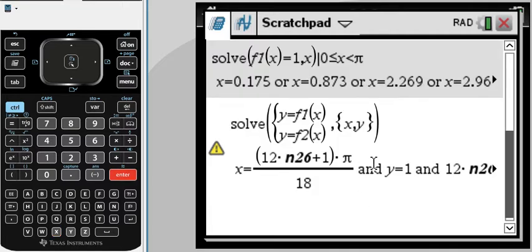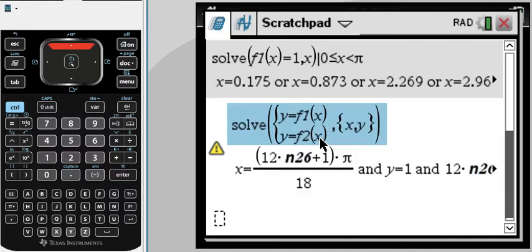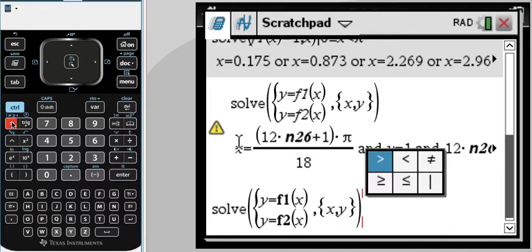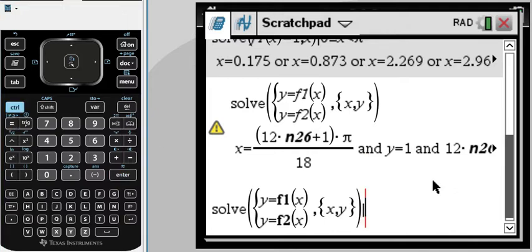And you see that I get a similar thing. It goes off the screen. I could scroll over and see, but I only want, let's say in this one, 0 to pi over 2. So I can come back here and add my such that 0 is less than or equal to x, which is less than pi over 2. On the keypad, I can do this as well.